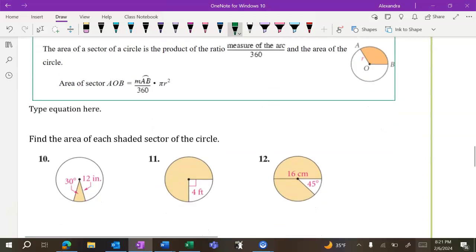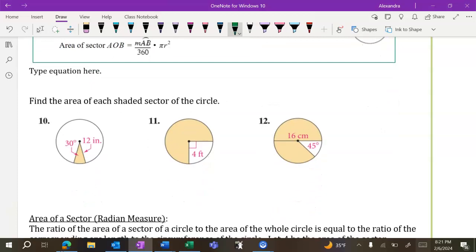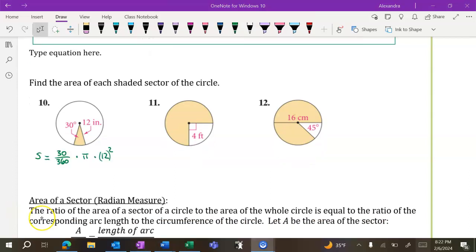So an example of that, if I look over here at number 10, I see I have 30 degrees and a 12-inch radius. So if I plug that in, my equation will look like this, right? My 30 degrees out of 360 times pi times my radius squared, which is 12 squared. I know that's equal to 144.